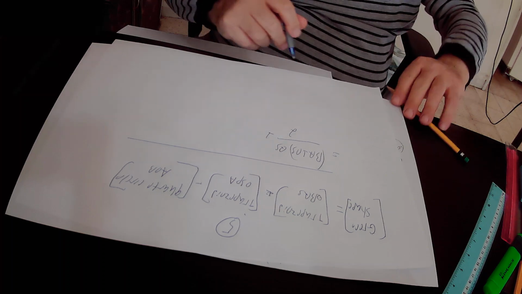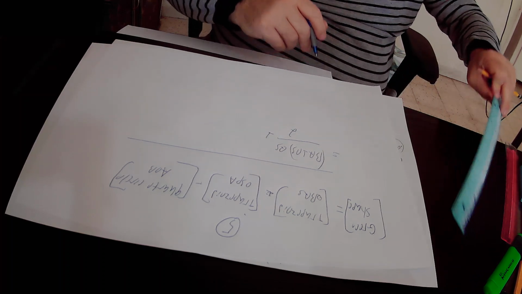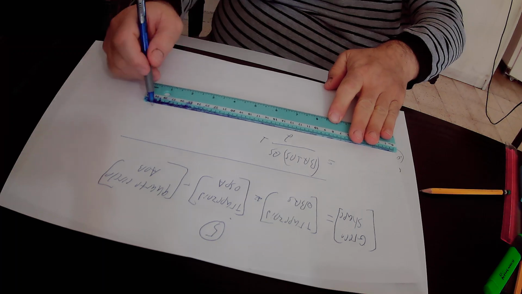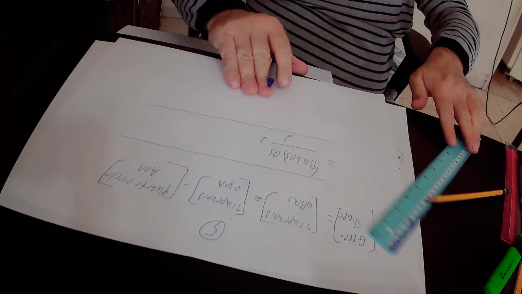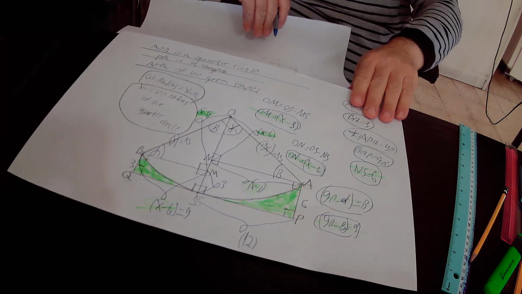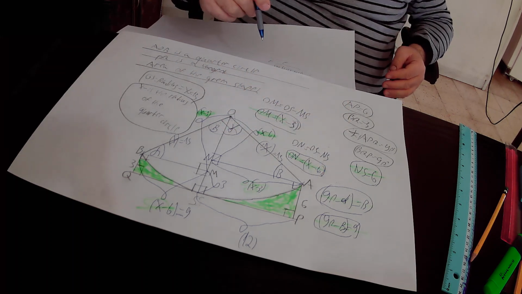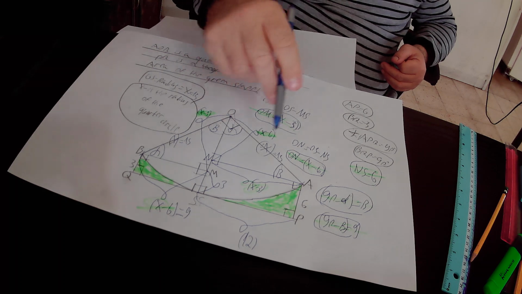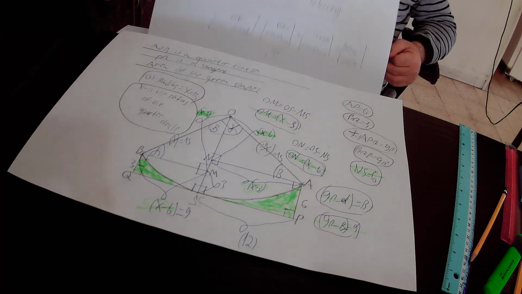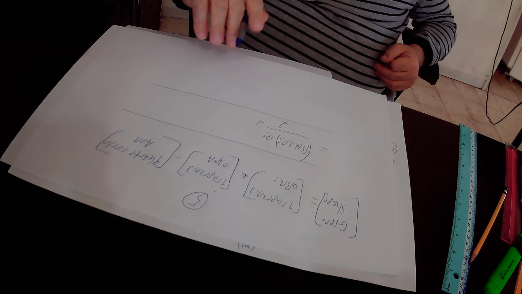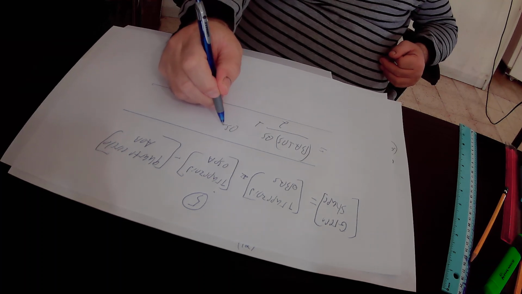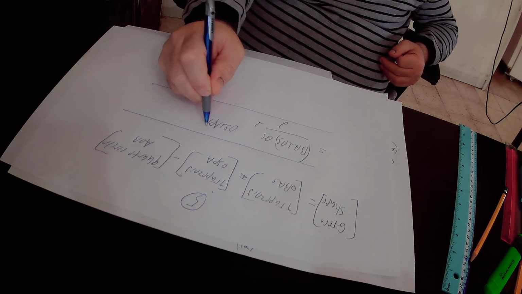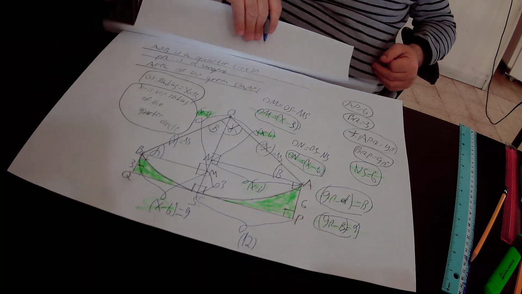Plus the area of trapezoid OSPA. What is the area of trapezoid OSPA? It equals the sum of its bases, that is OS plus AP, times the height.